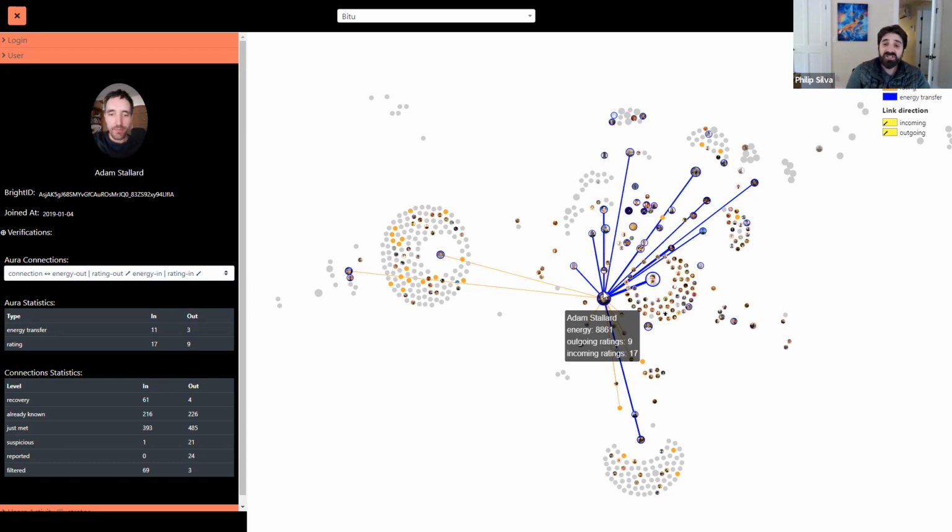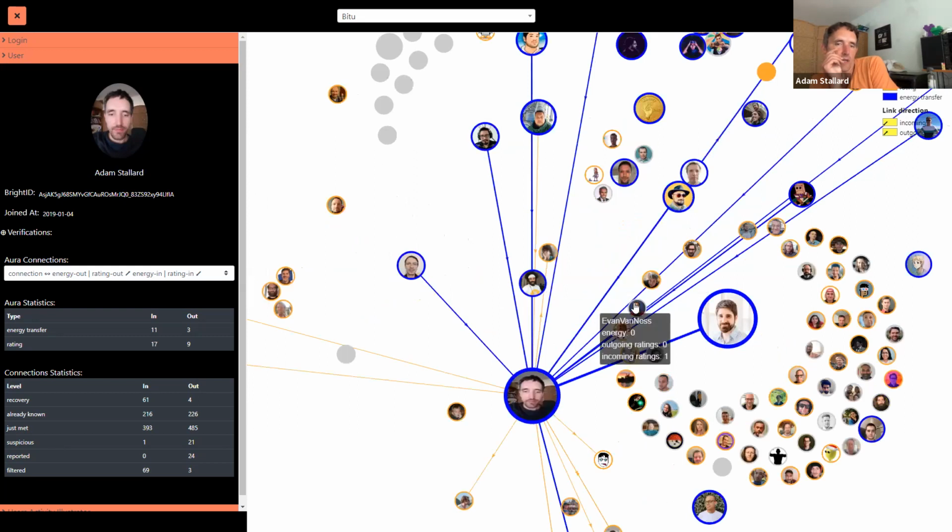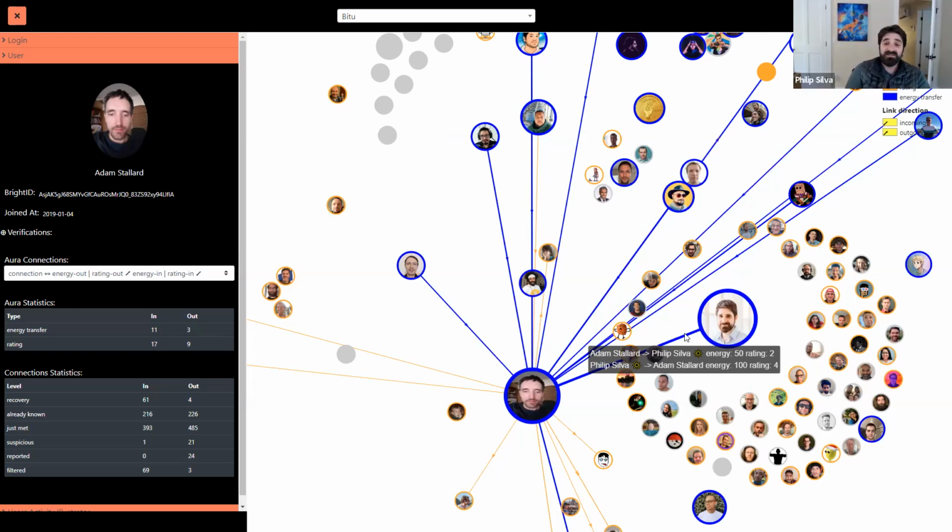He's sending energy out to all of these blue lines. Actually, that line's going into Adam. These are probably people sending energy to me. I was a slacker a month ago or whenever that was done, but now I've sent out energy to others. So here we go. Here it is showing Adam.